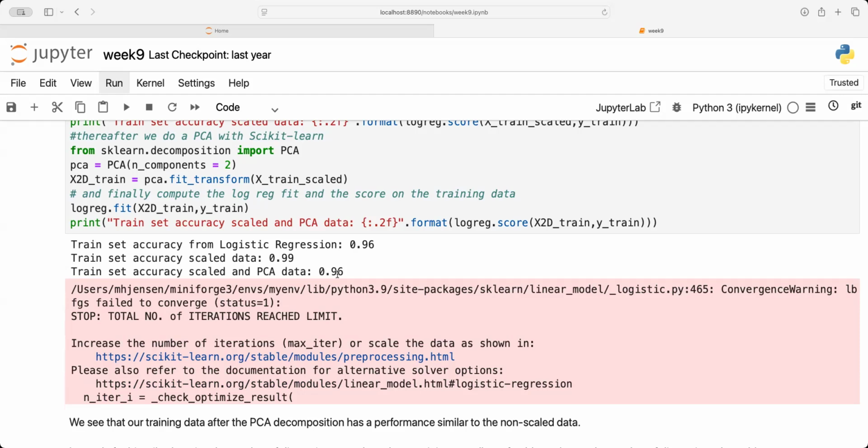This is the accuracy where you just count the number of correctly classified events and divide by the total number of events. So this number should be 1 if you have a perfect fit. When I do the training on the scaled data with logistic regression, I get 99%, which is very good.